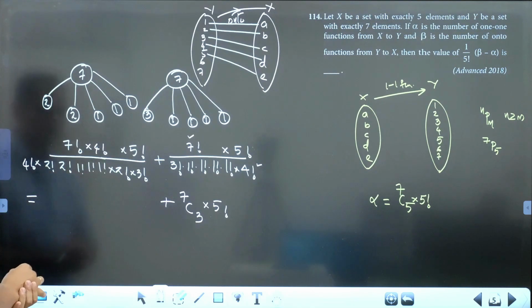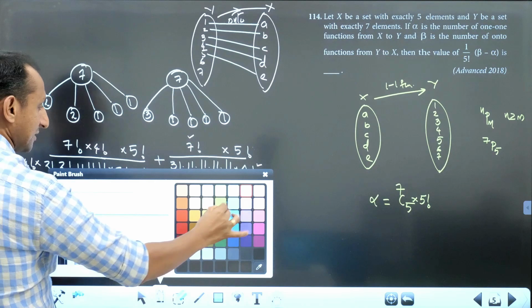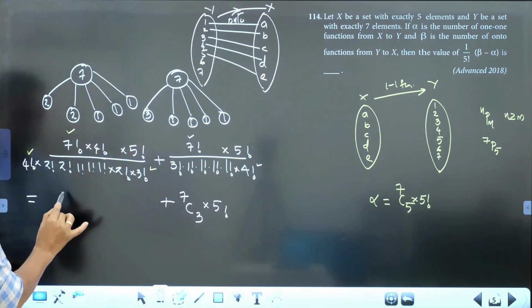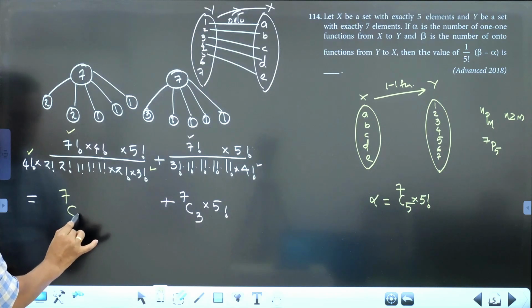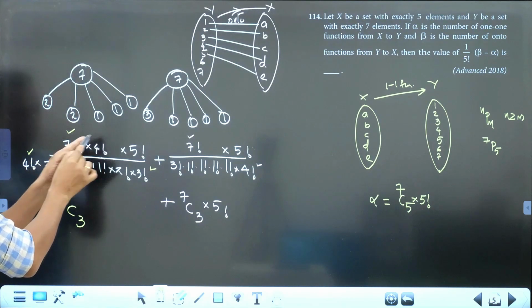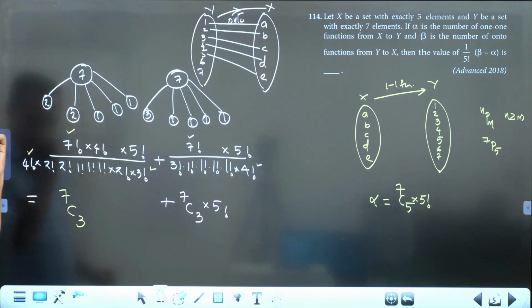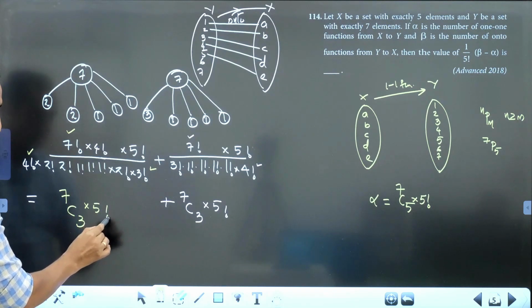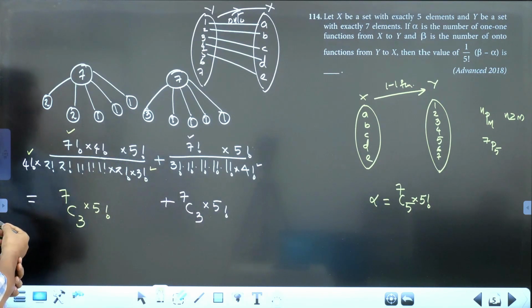Then I take this 7 factorial, this 4 factorial, this 3 factorial. It becomes 7C3. How many terms are remaining? There is a 5 factorial here, and no problem, there is also a 5 factorial.